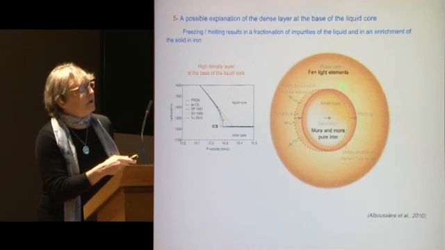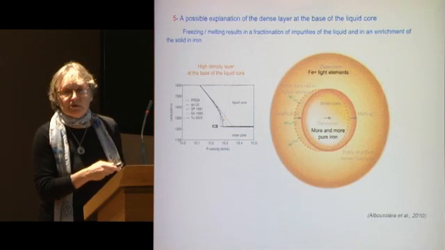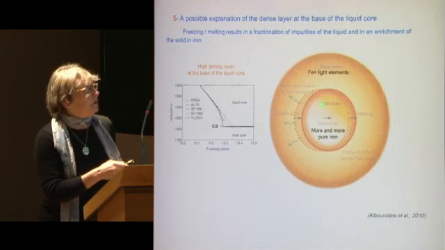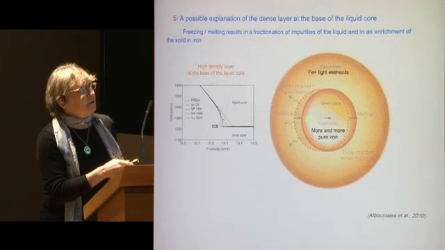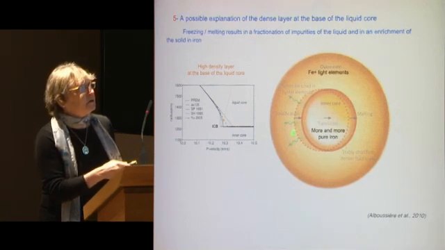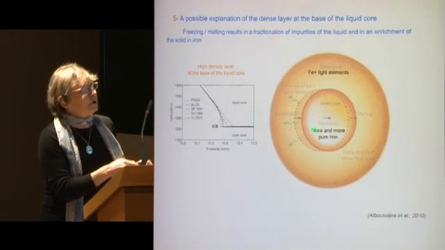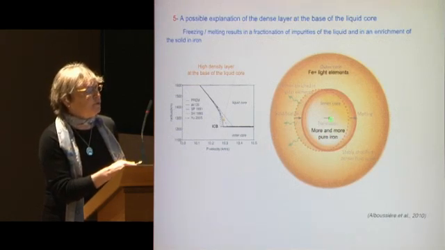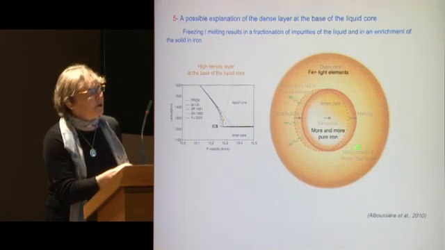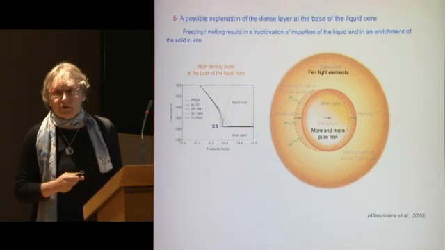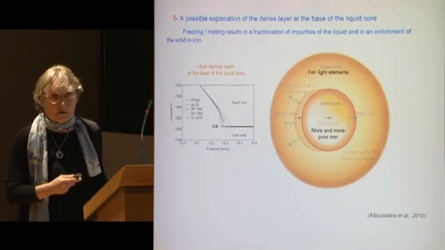So it will enrich the base of the liquid core in depleted material. This depleted material will again freeze, again release light elements. So the inner core will be more and more enriched in pure iron, and when it melts, it will of course also give a layer which is more and more enriched in pure iron, so denser.